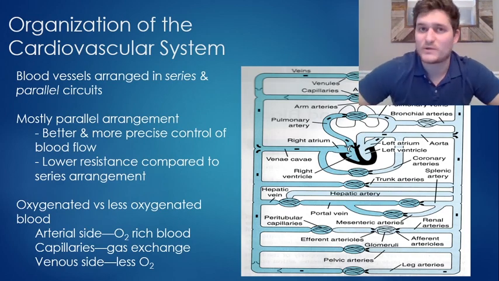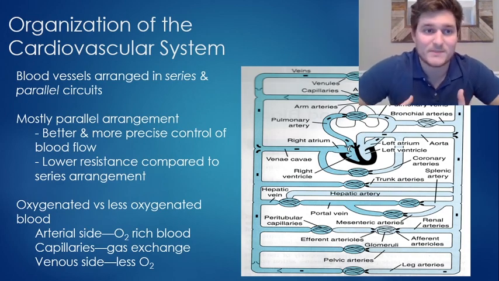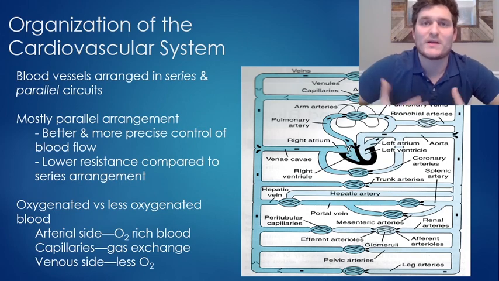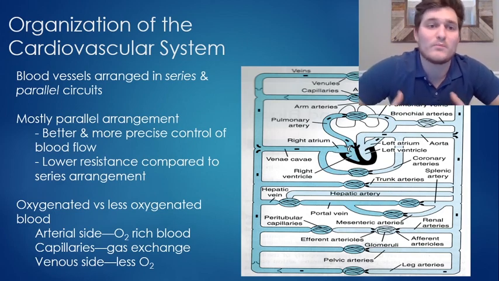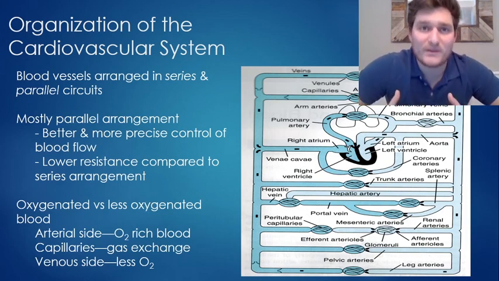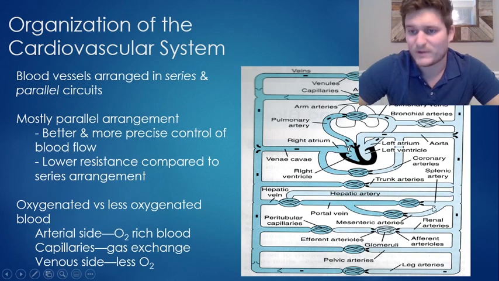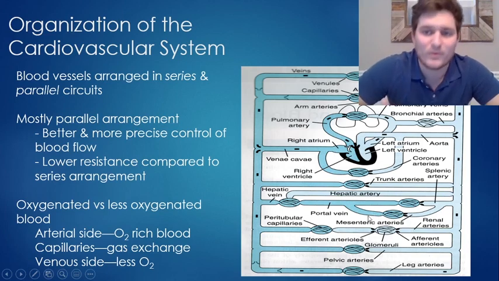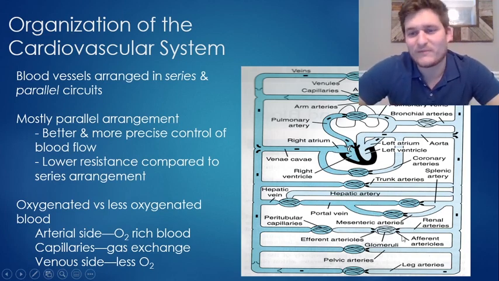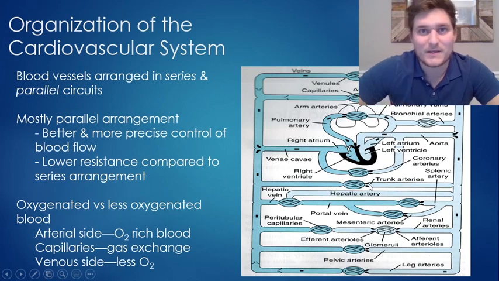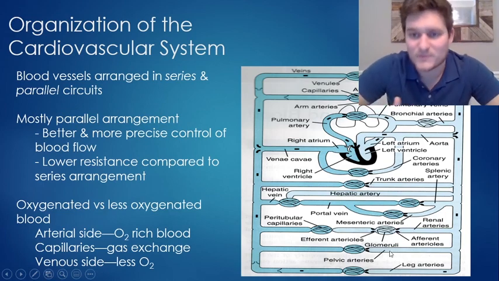We'll talk about this more in detail when we discuss hemodynamics, but the parallel arrangement of our circulation allows for better and more concise control of blood flow. For example, let's say we are exercising. At the moment, it's not a high priority to deliver a lot of blood flow to areas like the gastrointestinal system and the renal circulation.